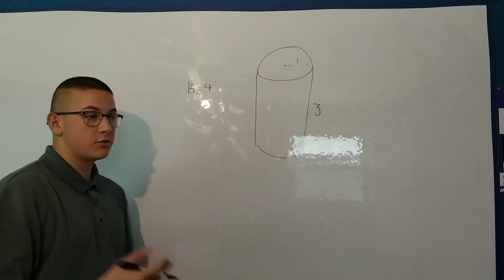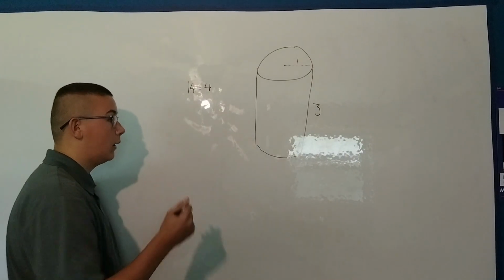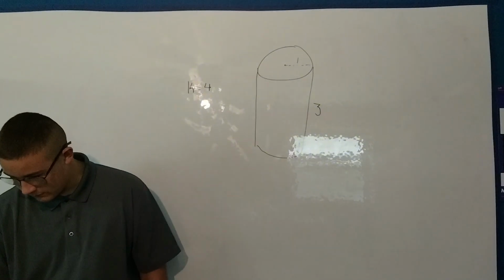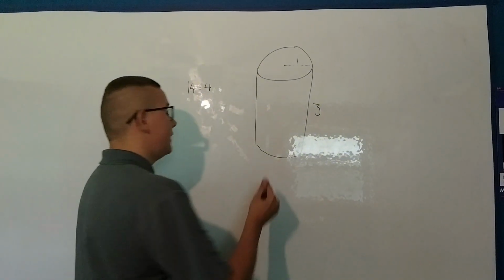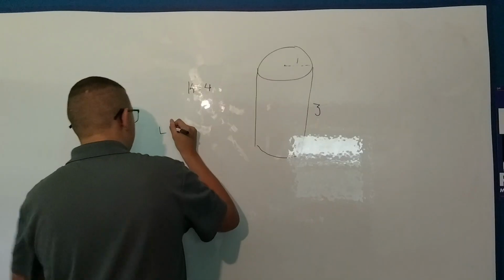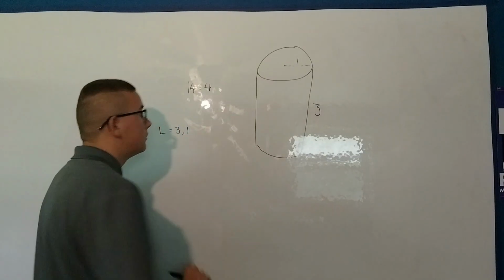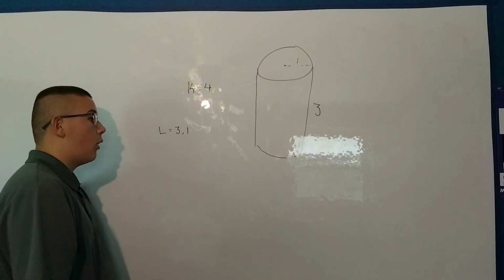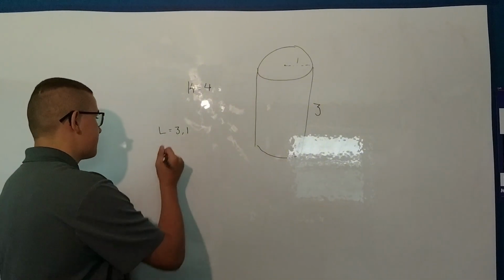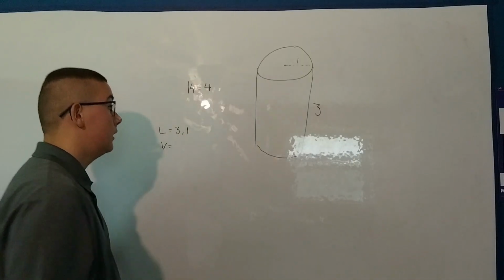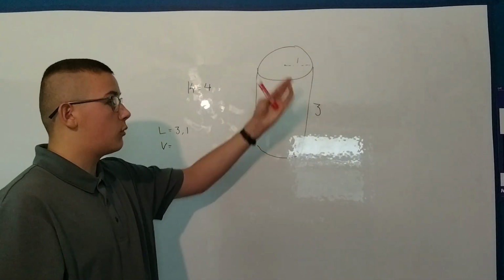So first, our lengths are 3 and 1, right? So our lengths equal 3 and 1, like that. Our volume equals, so we would do pi r squared, right?